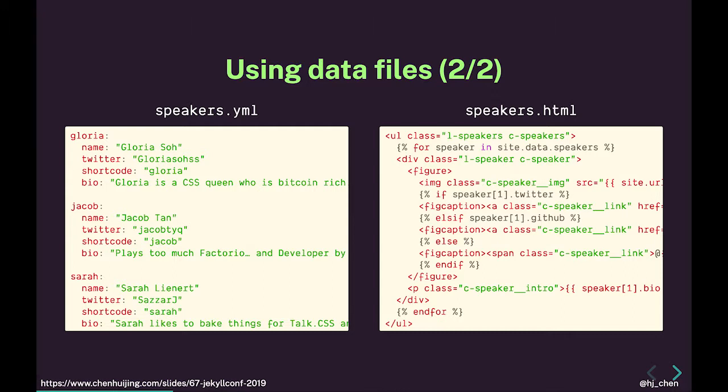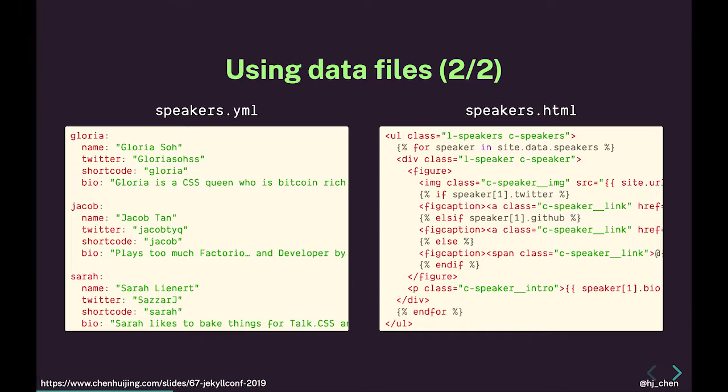So you can see that I've used something like if speaker.twitter, I'll talk about that a bit later. There's also the bit about the bio, there's also a bit about speaker image and things like that. And all this information is actually pulled from the speakers.yaml file.